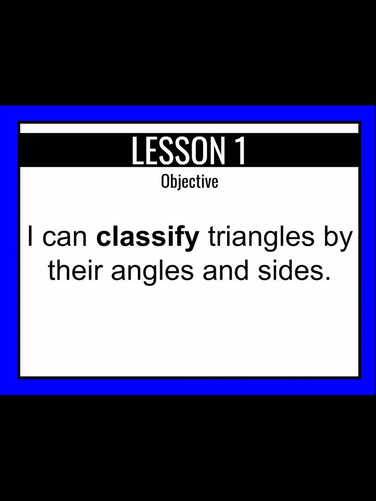Today we are going to work on the triangles, so we are going to classify or name triangles by their angles and by their sides. So each triangle can have 2 names. So when Pearson asks you to do the homework and it asks you to name the triangles, make sure that you're looking at the side name that they have and the angle name.